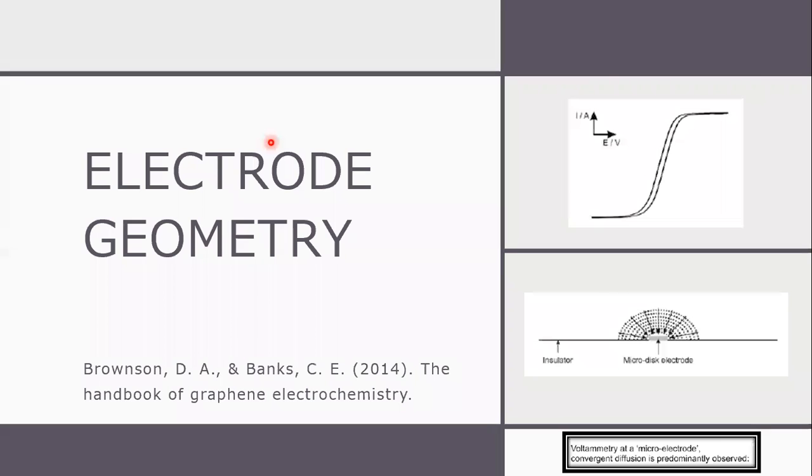But when the size of the electrode is reduced to microns, the edge effect becomes more prominent, and you get a sigmoidal voltammogram, and convergent diffusion becomes more prominent, and it has benefits when you want to improve the mass transfer process.